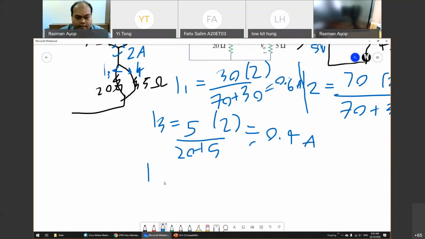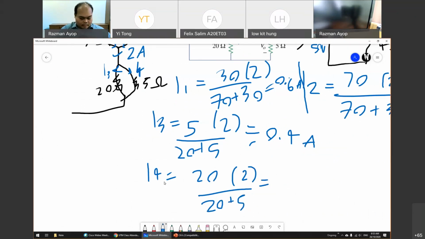And I4 is equal to 20 divided by 20 plus 5. So you get 1.6 ampere.